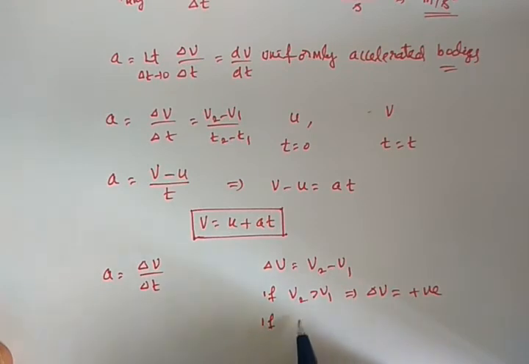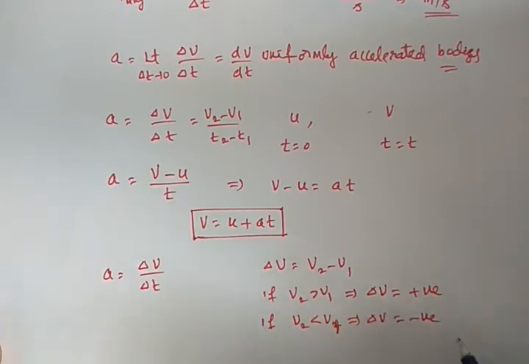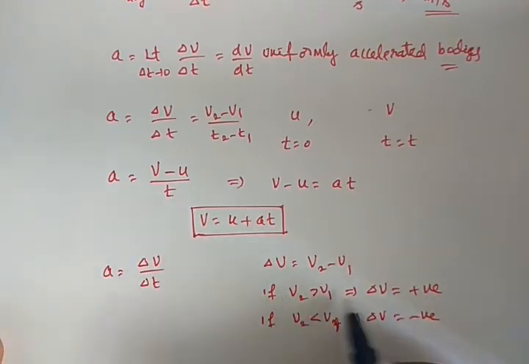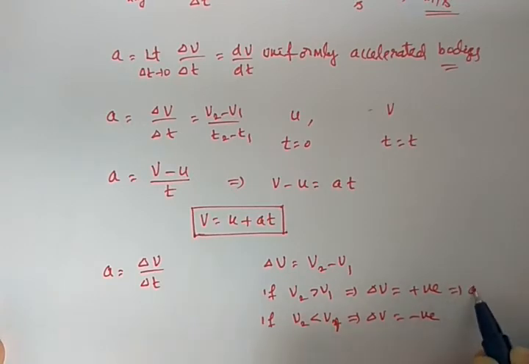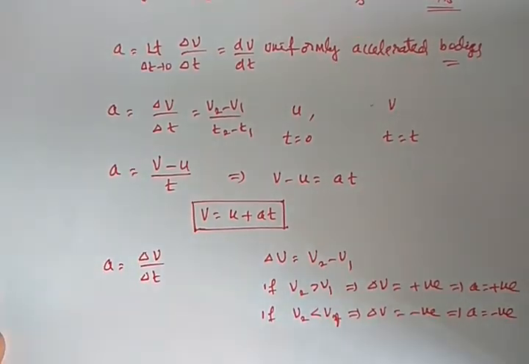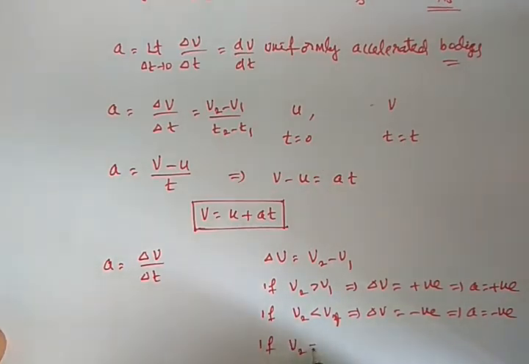If v2 is less than v1, then delta v is negative. So in the first case acceleration can be positive, and in the second case acceleration can be negative, and if there is no change in v, acceleration can even be 0. If v2 equals v1, delta v will be 0, and when delta v is 0, then acceleration will be 0.